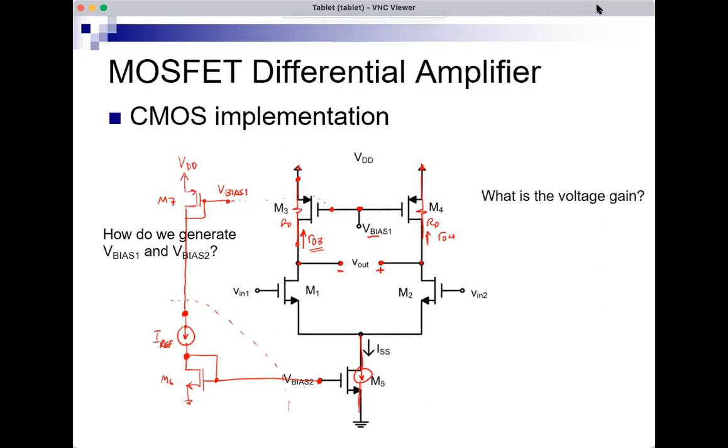So this question is not complete. I need to say here whether it is the differential gain, and then I can answer it, or the common mode gain, and then I can answer it. But the way it is written now, what is voltage gain?